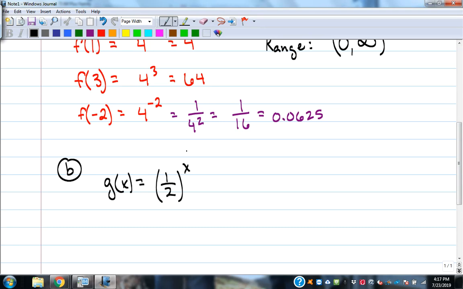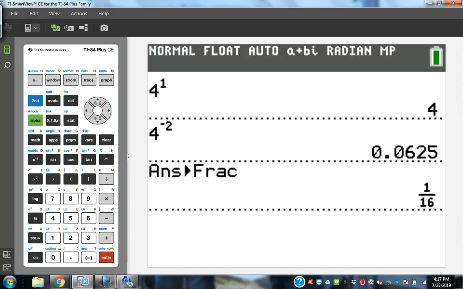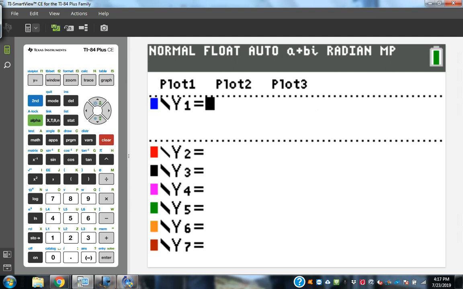So that base for this one is what I call a small fraction. You can have improper fractions, like 3 over 2. Well, this one, technically, is called a proper fraction, but I like to call them small fractions because they're less than 1.